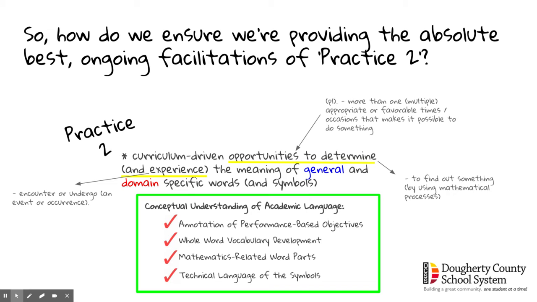We do that by integrating that mathematics related word parts component, helping them see the root word, the prefix or the suffix that might provide some meaning. That helps them to determine and experience through multiple opportunities what these words mean, right? And so then we get to the technical language of the symbols.